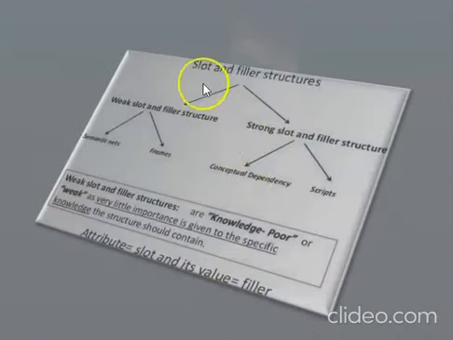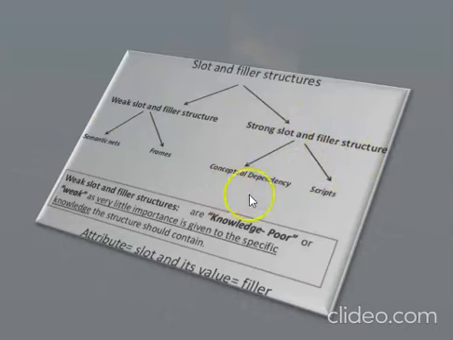So in summary, we can say that slot and filler structures can be divided into two: weak slot and filler structure and strong slot and filler structure. And weak slot and filler structure is again divided into semantic nets and frames, and the strong slot and filler structure is divided into conceptual dependency and scripts.